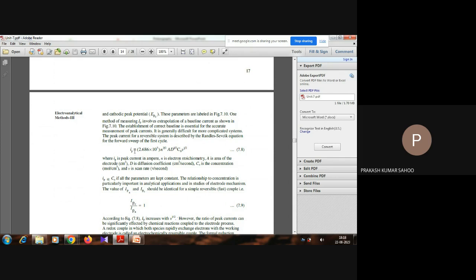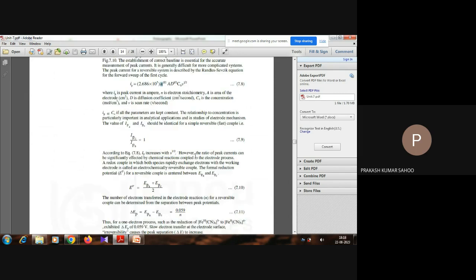So ip is the peak current, n is the number of electrons exchanged in the stoichiometry, A is the area, D is the diffusion coefficient in centimeter square per second, then C0 is the concentration, and v is the scan rate. So these are the things.